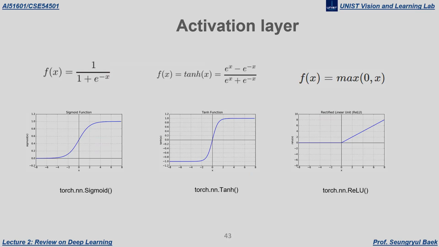So if you stack deep architectures without activation layers, the entire deep network becomes one huge linear operator. But by involving activation layers in the middle of the linear layers, the deep learning architecture eventually has the nonlinearity property. For that purpose, we use activation layers in the middle of the architecture.